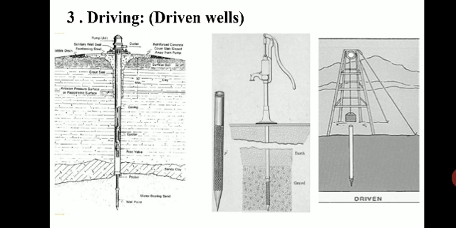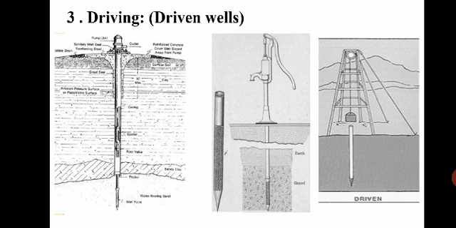Next is driven wells. What are driven wells or driving? In this method, a series of connected lengths of pipe is driven by repeated impacts into the ground to below the water table. Water enters the well through a screened cylinder section, which is protected during driving by a steel cone at the bottom.